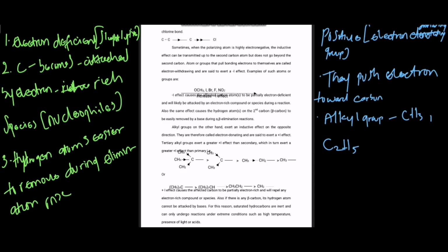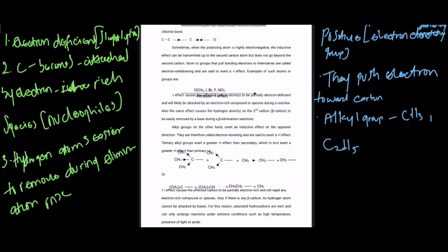Now, also when it comes to the positive inductive effect, that is the electron donating group, their strength is of different categories. I said that a common example of an atom or group with positive inductive effect is the alkyl group. When it comes to their strength, the tertiary alkyl groups are the strongest donors.